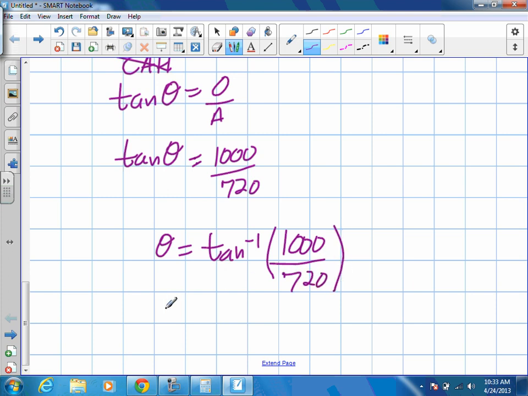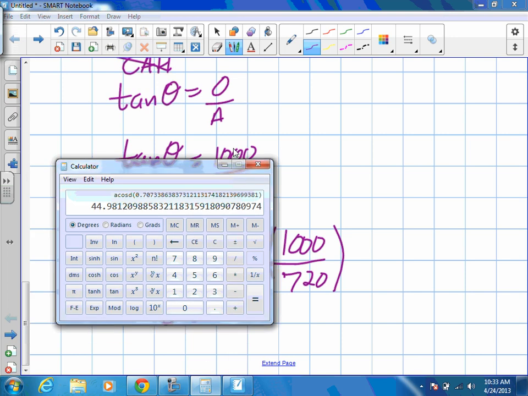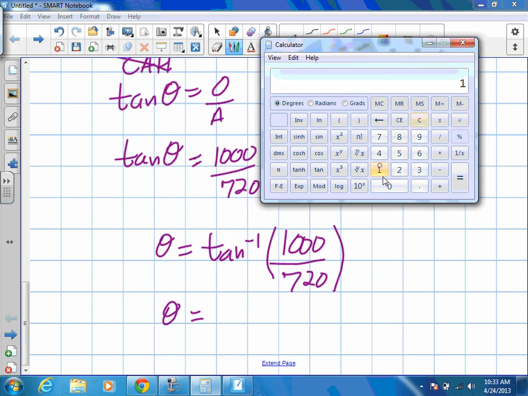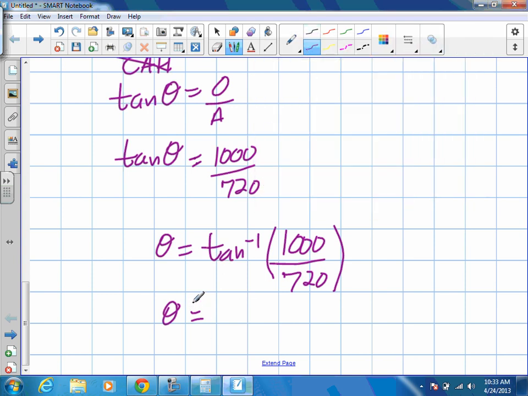Theta in this case will equal 1,000 divided by 720, and then we do the inverse of tan. I'm in degrees, 54.2. We're going to say approximately 54 degrees. Okay, so what we just solved was this angle here.